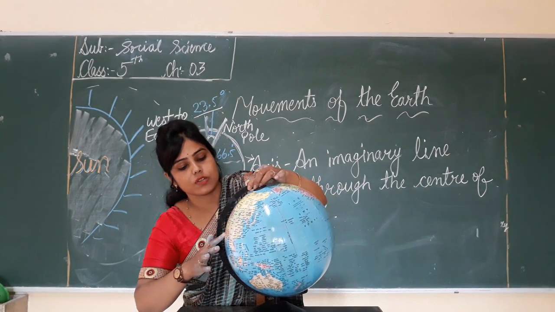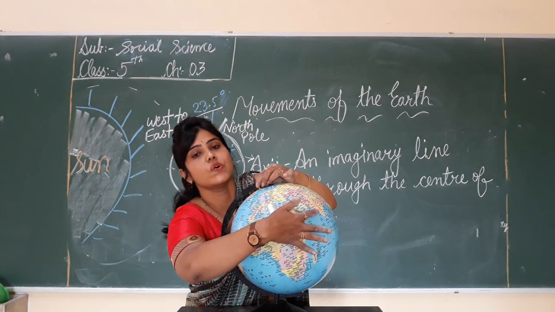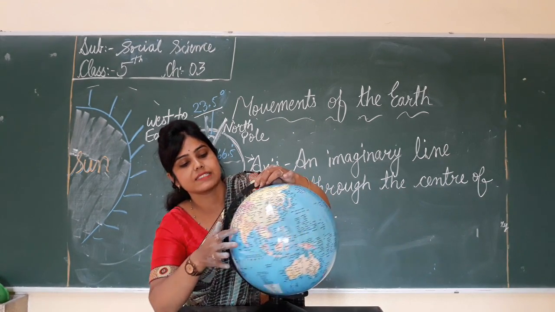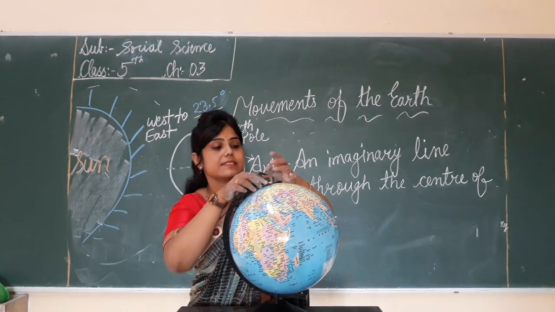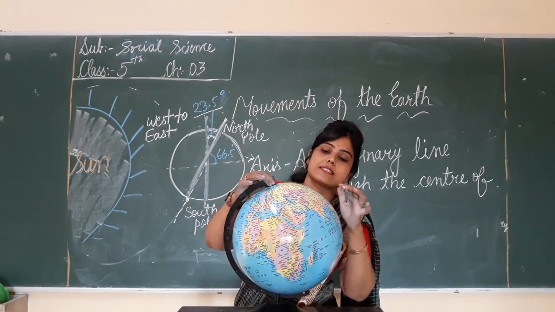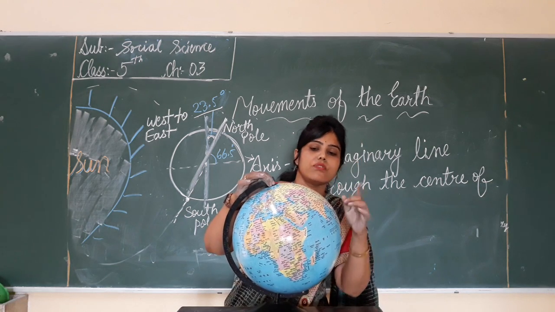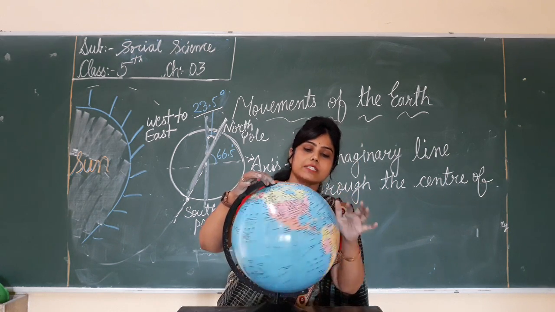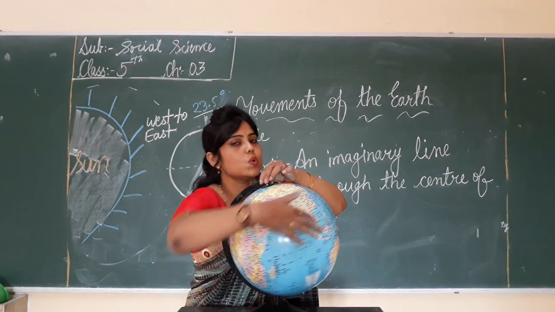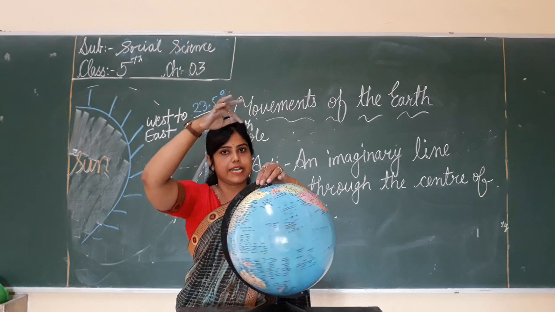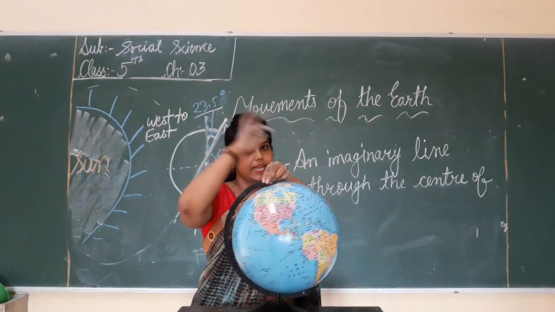Why? Because our earth rotates from west to east, and the states in the east see the sun rise first. So it rotates from which direction? That is west to east.